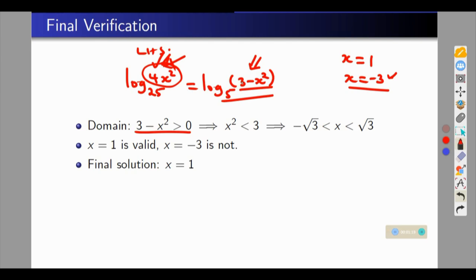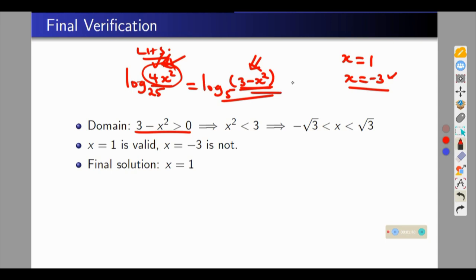We need the values of x to make this expression positive, such that log base 5 of a positive number is able to exist, but we know log base 5 of a negative number cannot exist. So we must achieve a positive value here. This one is positive because whether x is negative or positive, x squared will give you a positive value. So for this case, the left hand side will be okay.